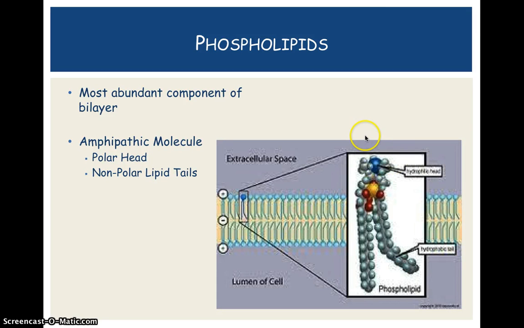The point we're trying to make is that the polar heads basically protect the nonpolar tails, because the nonpolar tails wouldn't be able to dissolve. Well, they would be converted into smaller parts if they weren't protected by the polar heads.